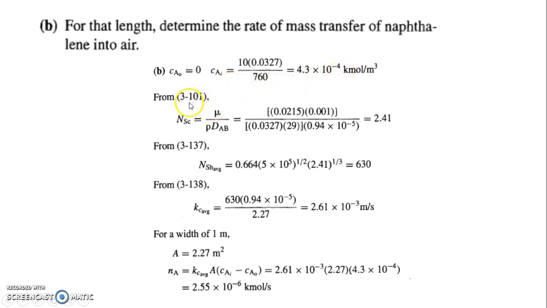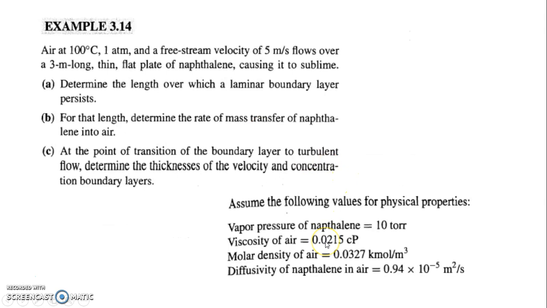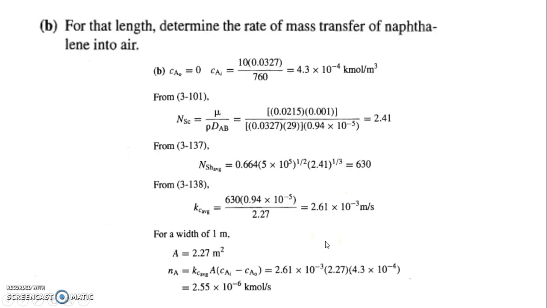From equation 3.101, which refers to the Schmidt number, the Schmidt number equals mu over rho DAB. You just need to substitute mu, which they give as 0.0215 times 10 to the power of minus 3, over rho, which is given, and DAB, which is also given.